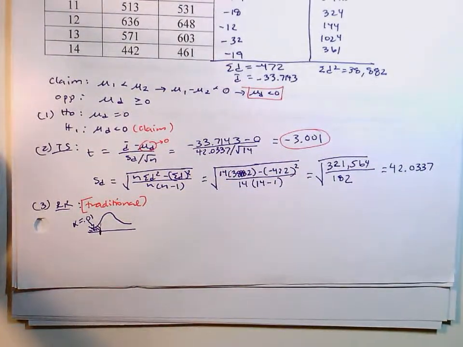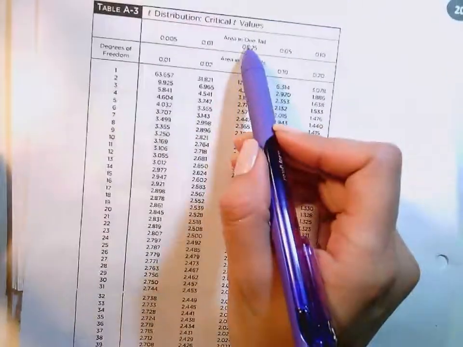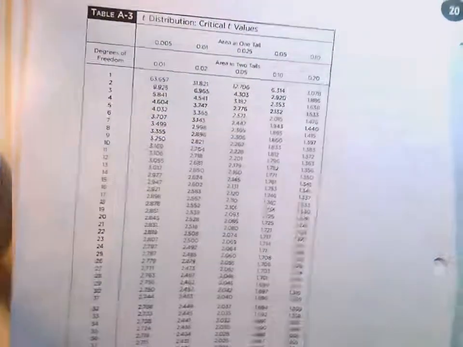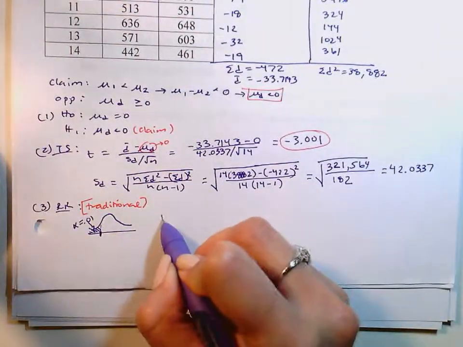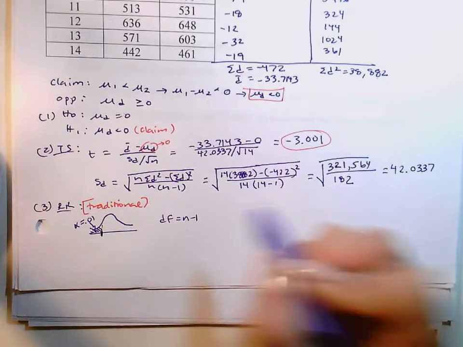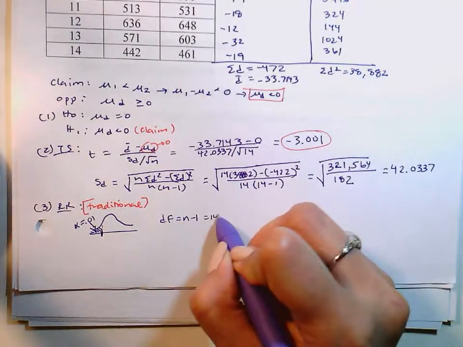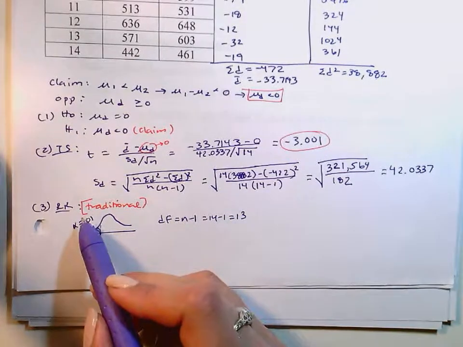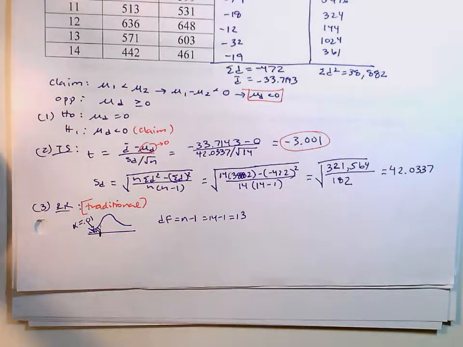But if we look in the t-distribution, so this t-distribution has the area in one tail of 0.01, but it also has degrees of freedom. So let's go back and find degrees of freedom. Degrees of freedom is n minus 1. N is equal to 14, so 14 minus 1 is equal to 13. 13 degrees of freedom, area to one tail of 0.01.